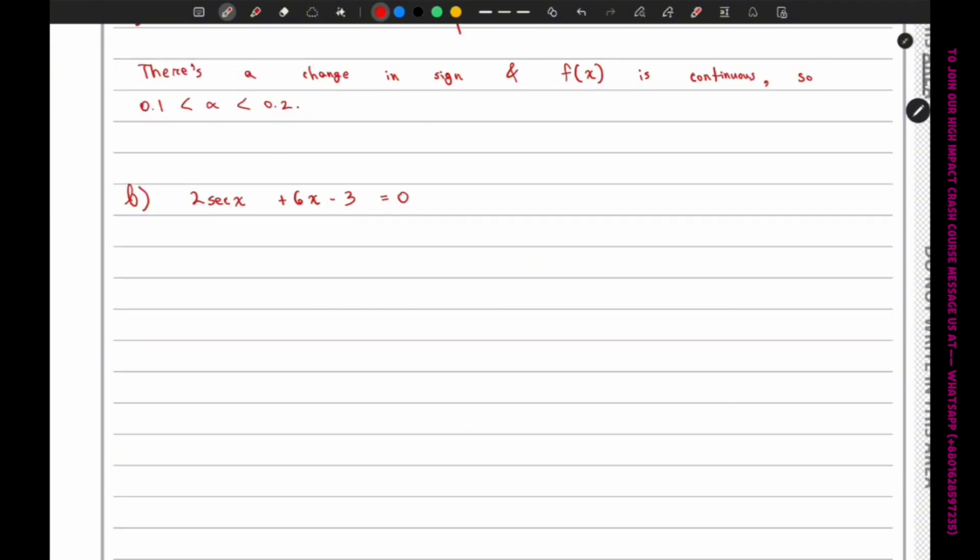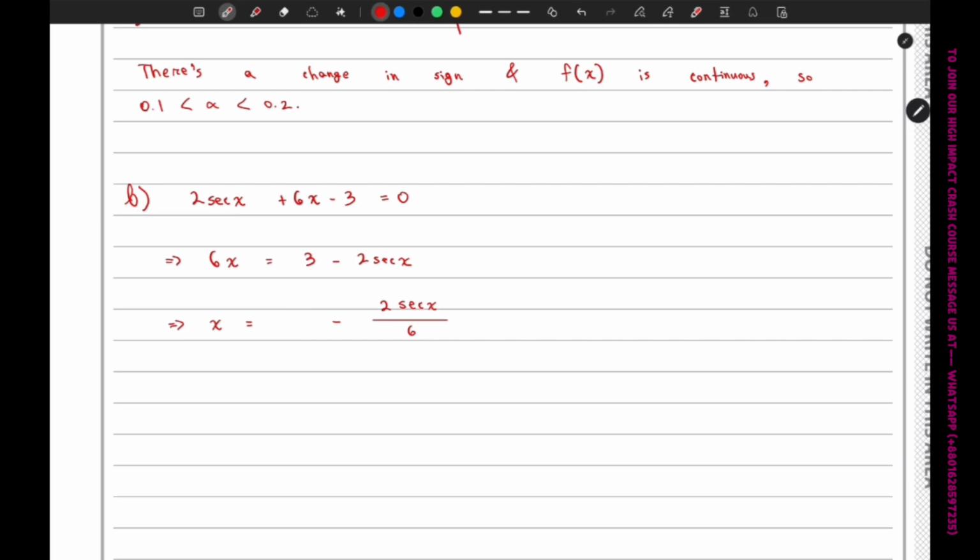So if we make x the subject, we get 6x = 3 - 2 sec x. So the value of x can be written as 3/6 minus 2 sec x over 6.